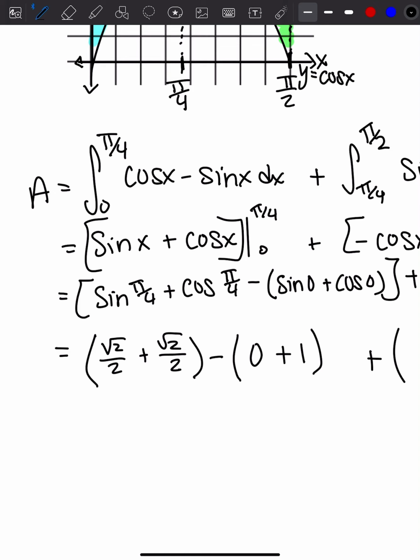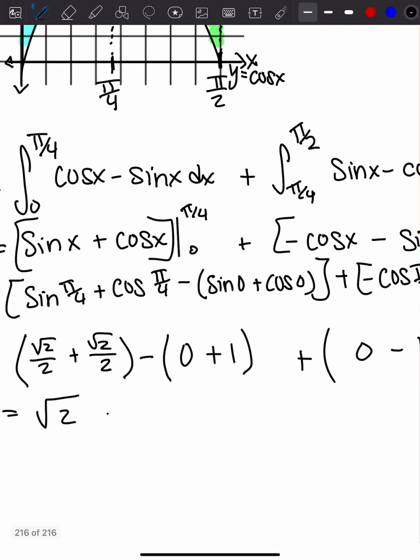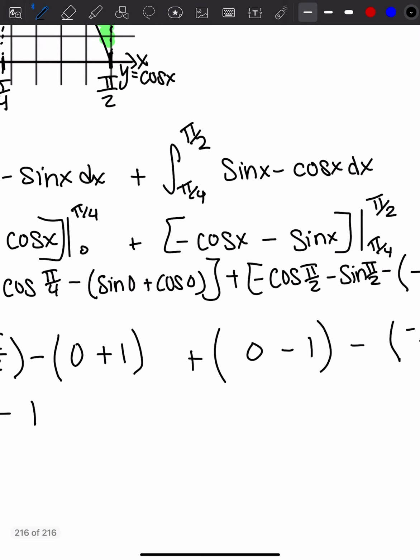I have 2 of them, so that would be like saying 2 square root of 2's over 2. The 2 here cancels with the 2, so 2 divided by 2 is 1. So our full thing right here simplifies to the square root of 2. From that, we are going to be subtracting 1, because 0 plus 1 is 1, and we're subtracting.